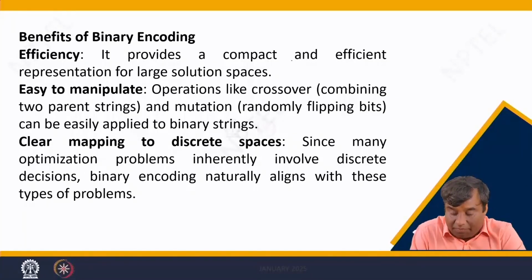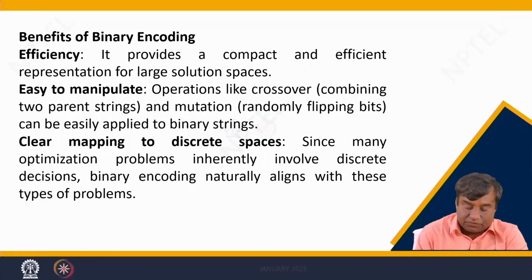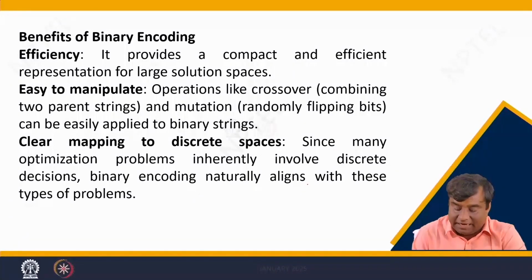It provides a compact and efficient representation for large solution spaces. It is easy to manipulate. Operations like crossover, that is the combination of two parent strings, and mutation, randomly flipping bits, can be easily applied to binary strings. Clear mapping to discrete spaces: since many optimization problems inherently involve discrete decisions, binary encoding naturally aligns with these types of problems.